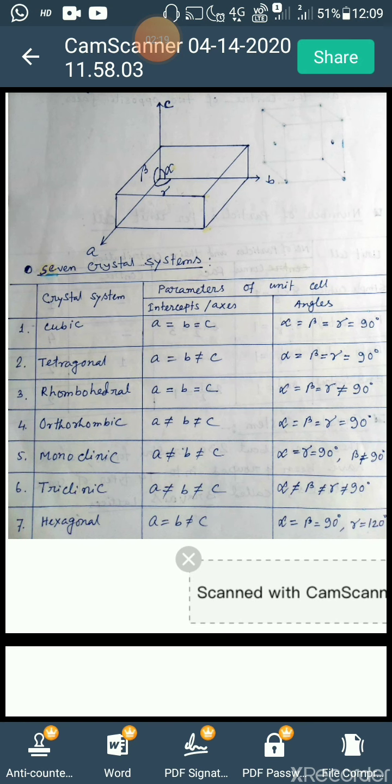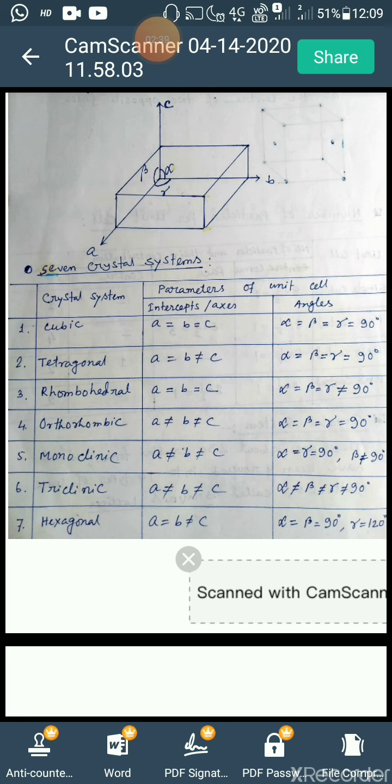Now, rhombohedral. In the rhombohedral crystal system, the values of a, b, and c are equal. That is, along the three axes, the edge lengths of the unit cell are equal, and the values of alpha, beta, and gamma are not equal to 90 degrees here. You have to remember. Number 4, orthorhombic.